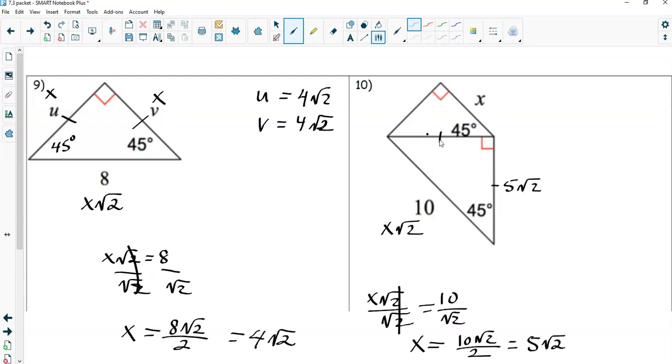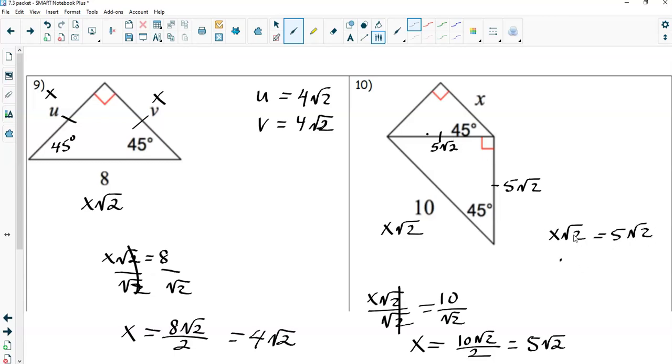But that's not what I'm looking for. I'm looking for the leg of the smaller 45, 45, 90 triangle. So therefore, since this is also 5 square root of 2, and that's the x square root of 2 over here, see, 5 square root of 2, which is the same as this. So I could say that x square root of 2 is the same as 5 square root of 2.